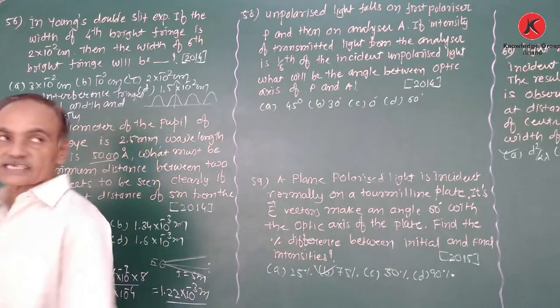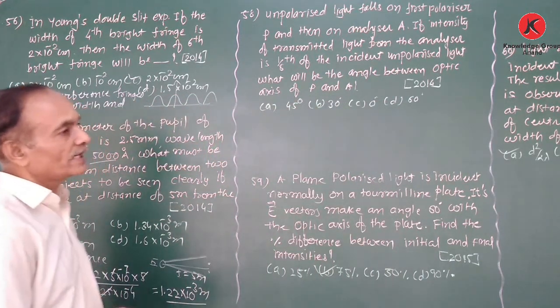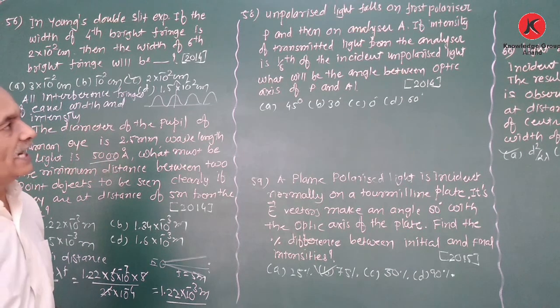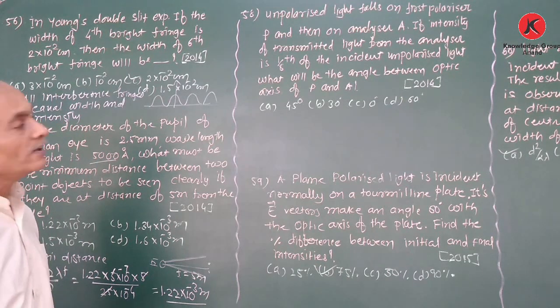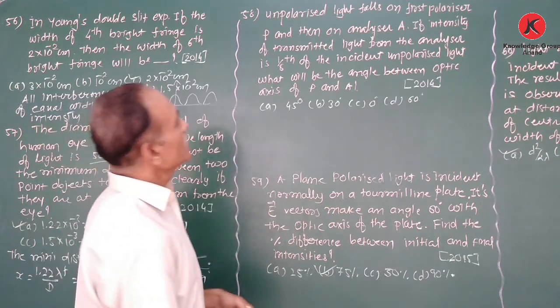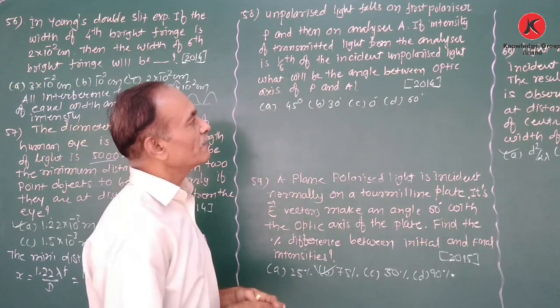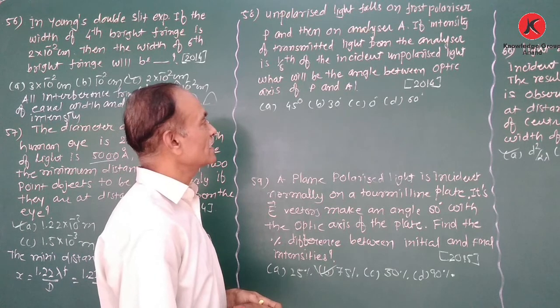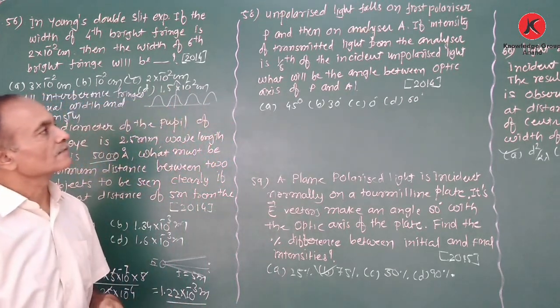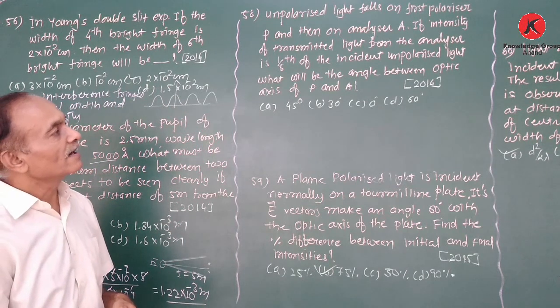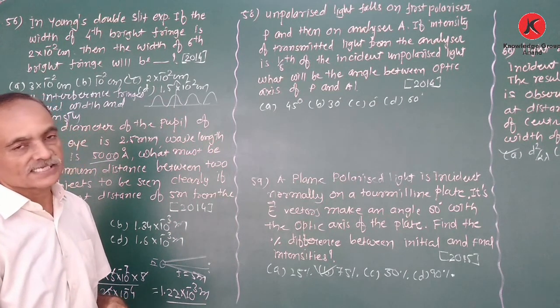After that, the next question, from 2014. Unpolarized light falls first on polarizer P and then on analyzer A. If the intensity of transmitted light from the analyzer is 1/8 of the incident unpolarized light, what will be the angle between the optic axes of P and A?